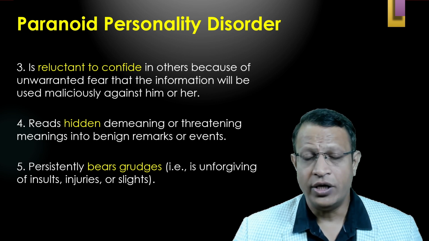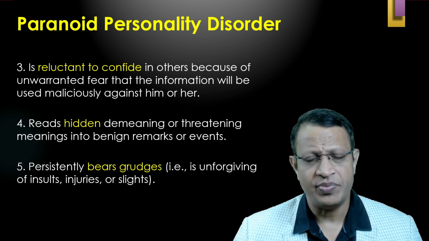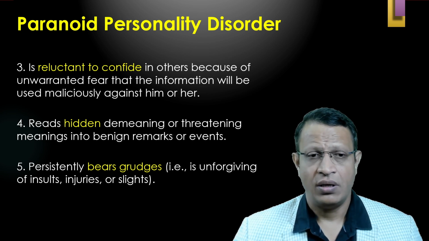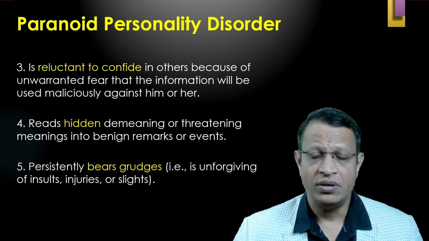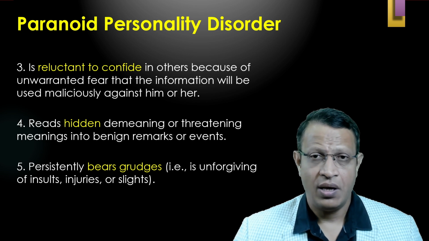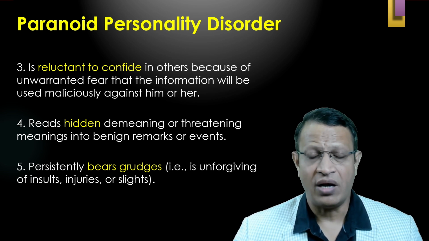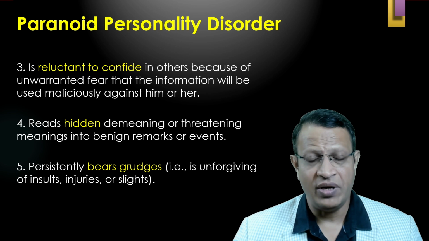That means they do not form very close or confiding relationships with others because they feel that they may be betrayed. They fear that the information will be used against them maliciously to tarnish their image. Invariably, they also read hidden demeaning or threatening meaning into benign remarks or events.